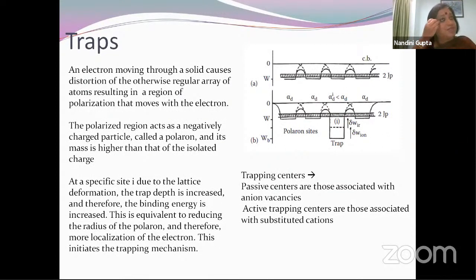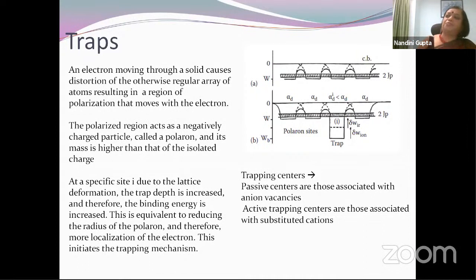In that case, we will say that the electron is trapped in a shallow trap. What does it mean? It means that if an electron is resident in a shallow trap, if you provide the small energy that it requires, the small energy difference of the trap level from the conduction band, that energy will be much smaller than the ionization energy, and that energy can be acquired from the field, and the electron can detrap and begin to contribute to free current.